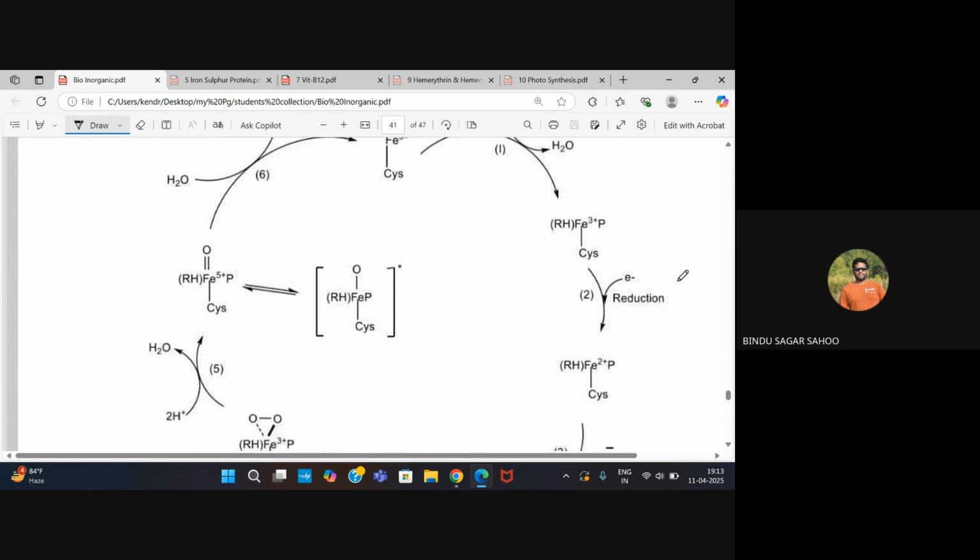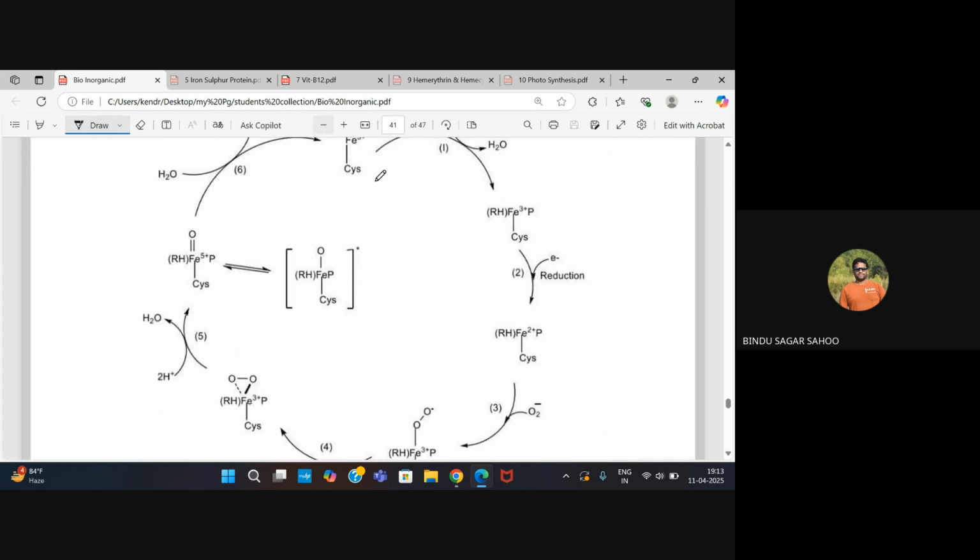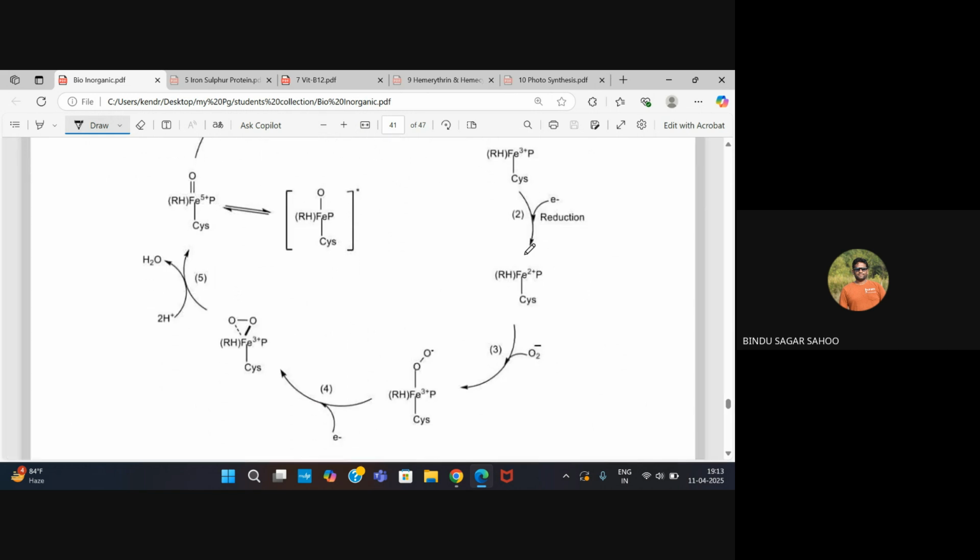Then further, there will be addition of an electron, and when there is addition of an electron, the Fe3+ will get converted to Fe2+. Okay, and in the next step, there will be O2 coordination to the metal complex, forming O2 minus.